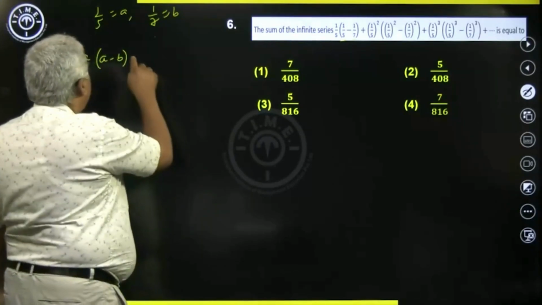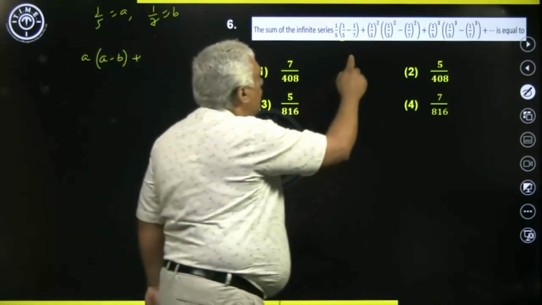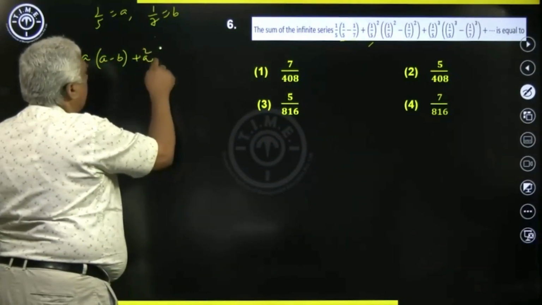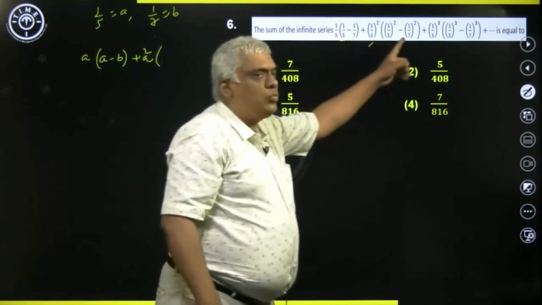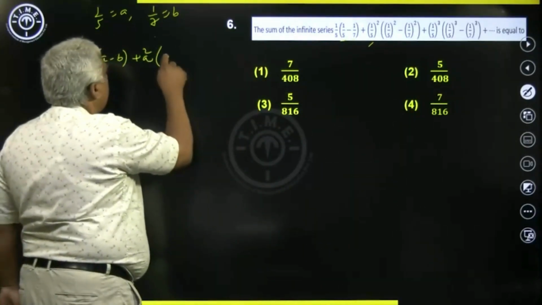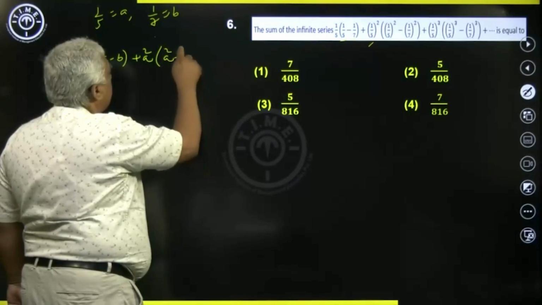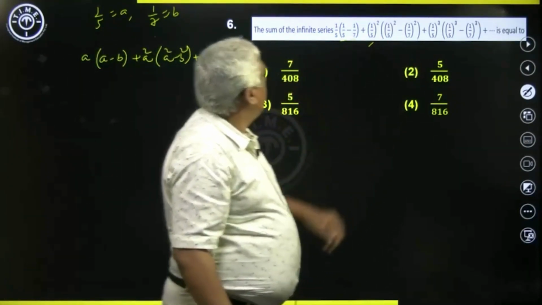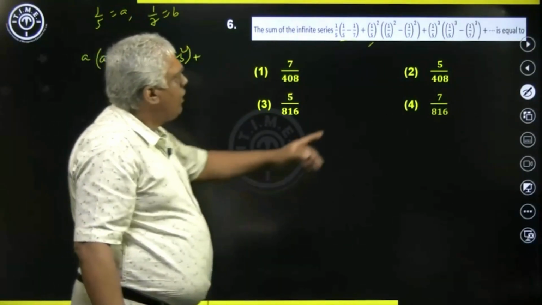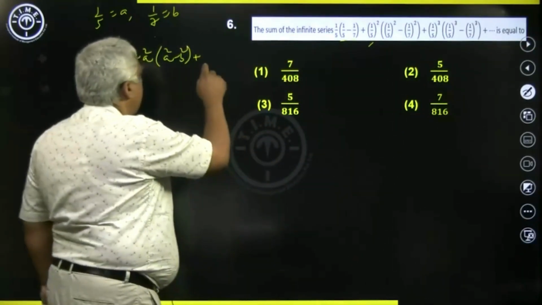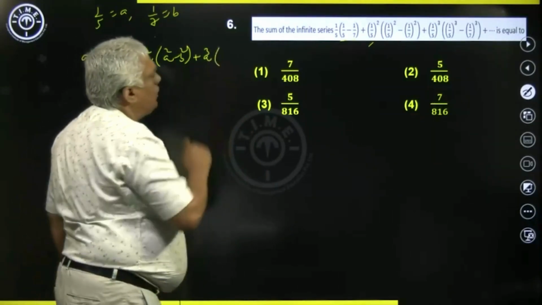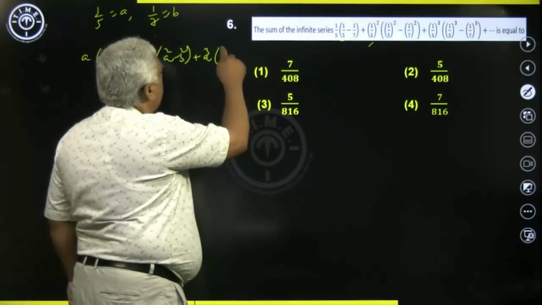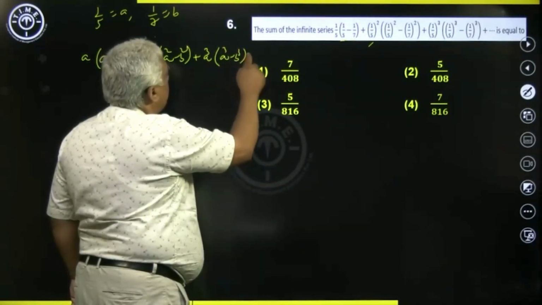Now then we have plus A square into A square minus B square, plus next will be A cube, inside the bracket A cube minus B cube, and so on.